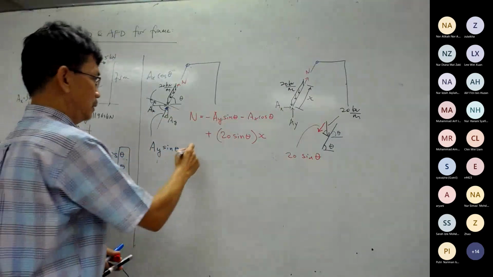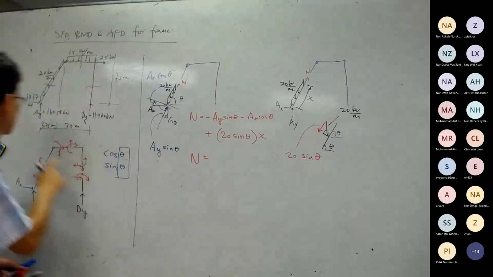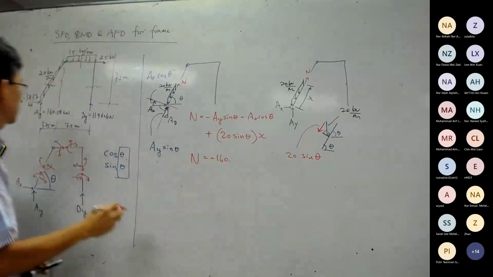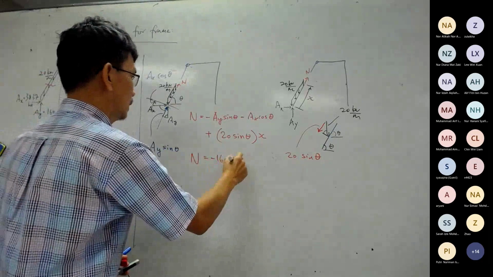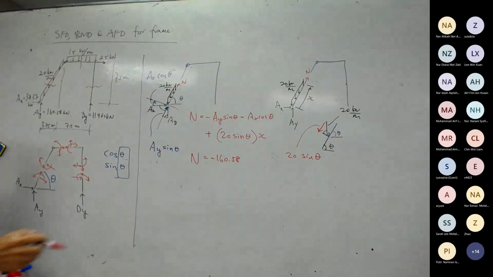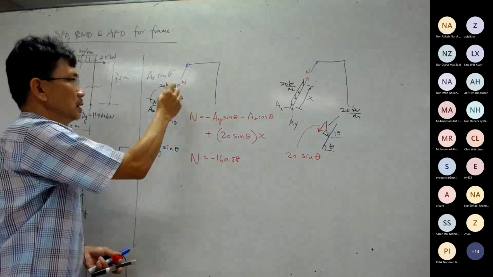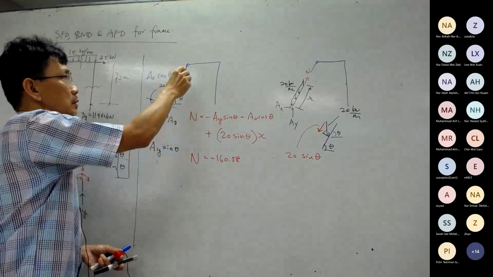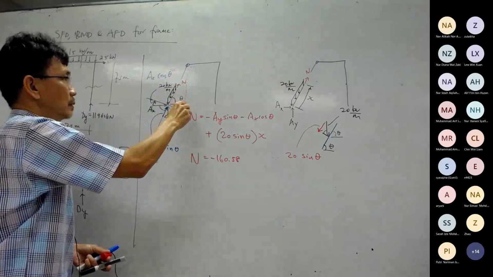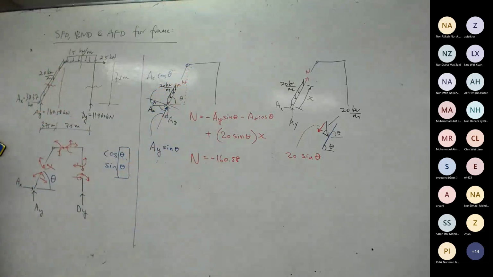So the axial force here will become N equal to AY is minus 160.58 sine theta. You can find sine theta. This is theta. So if I use this, we can find what is the sine theta here. Okay.